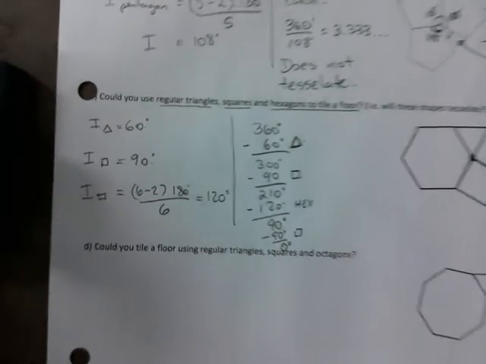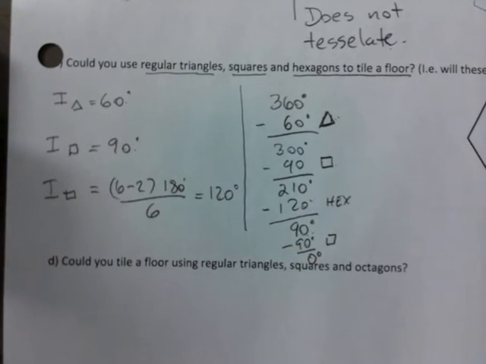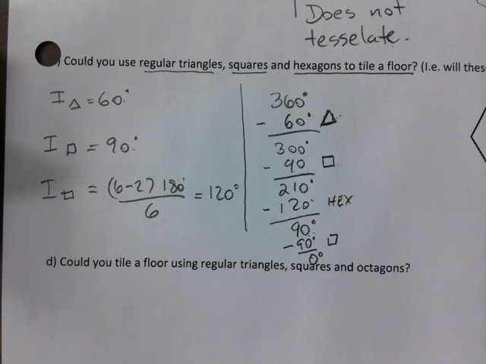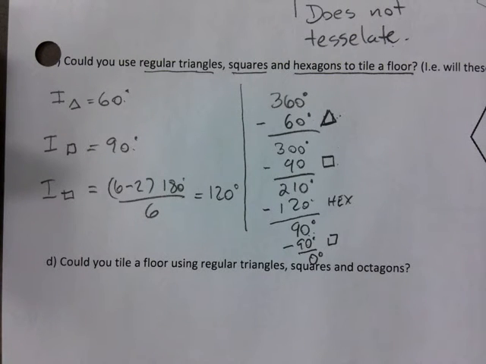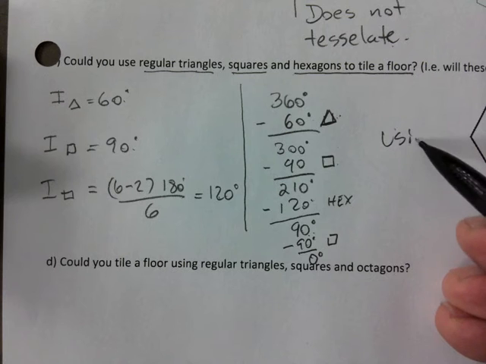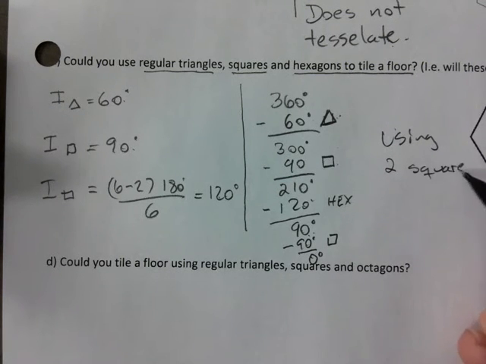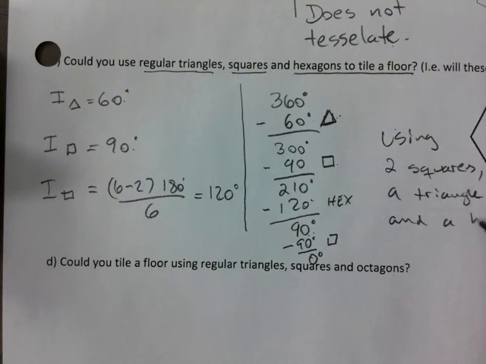Let me zoom into that. There we go. Sorry about that. Okay. So what works is using two squares, a triangle, and a hexagon will tessellate.